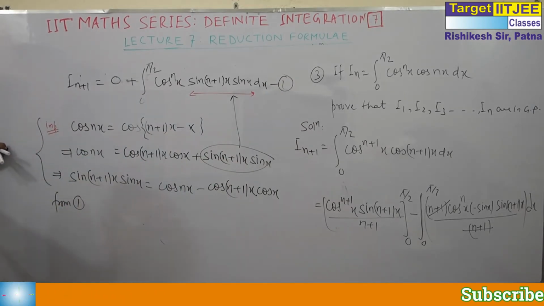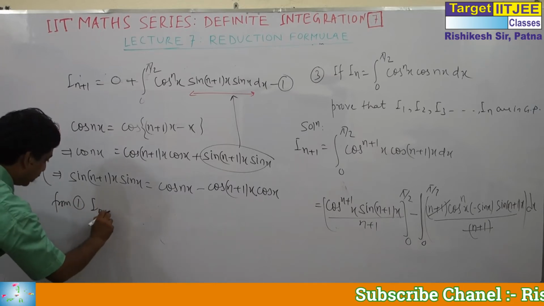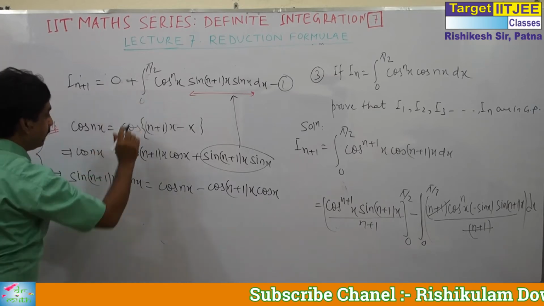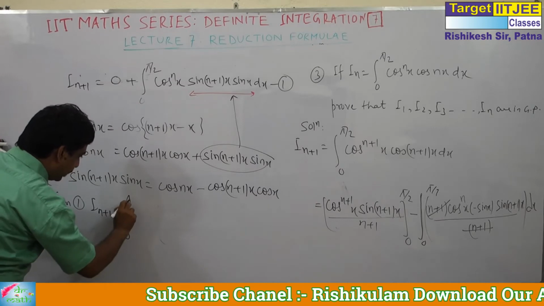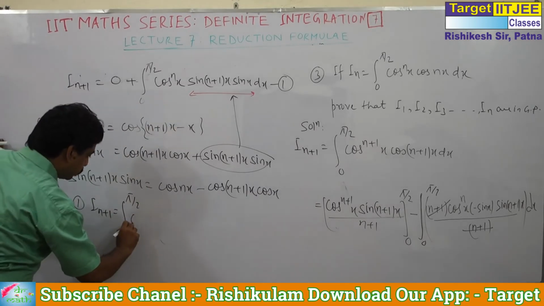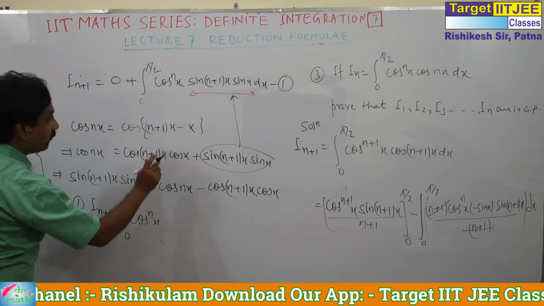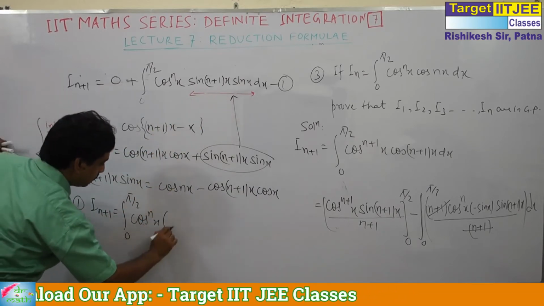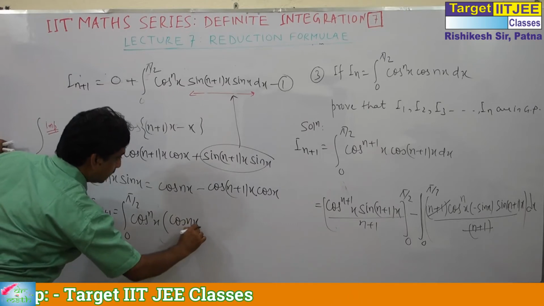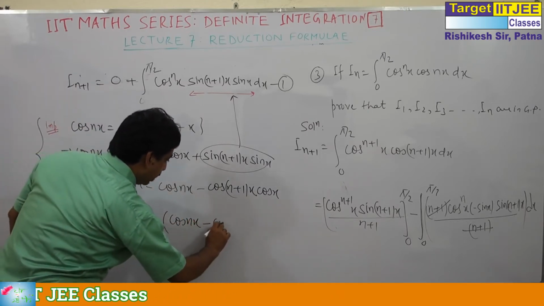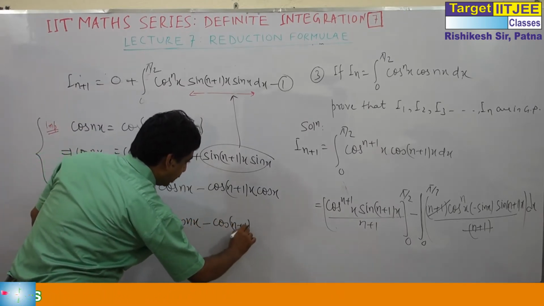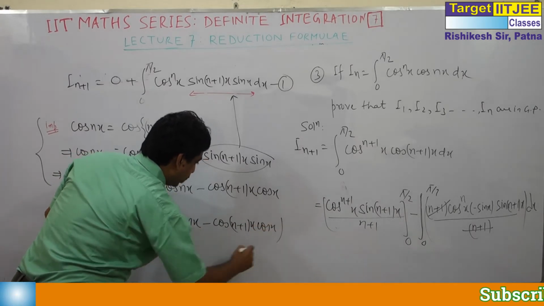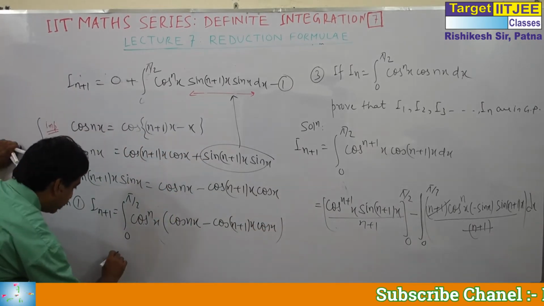What is it from 1? I n plus 1 is what? See, this is 0. Leave it. 0 to pi by 2, this is cos to the power nx. And for this one we will write what? This expression: cos nx minus cos n plus 1x into cos x. This will give what?